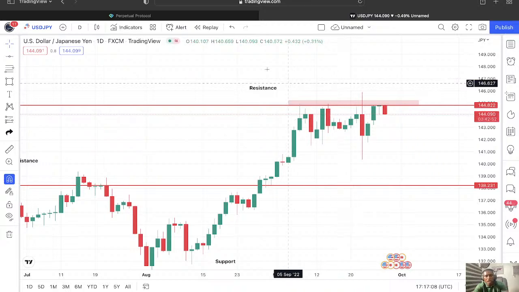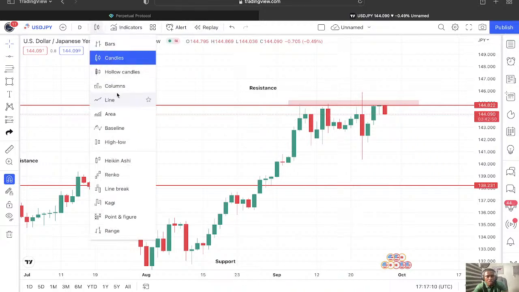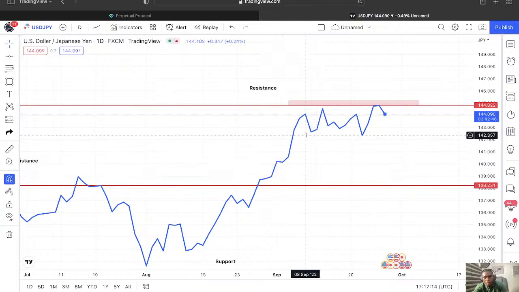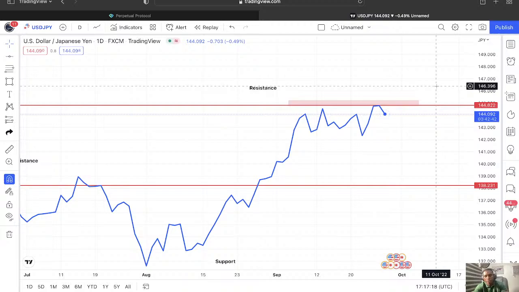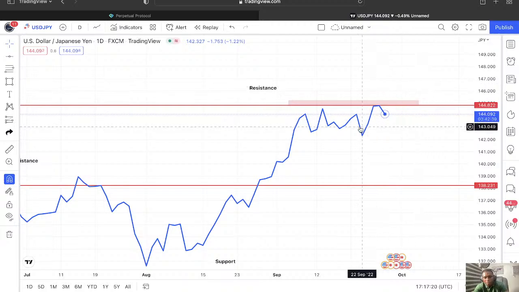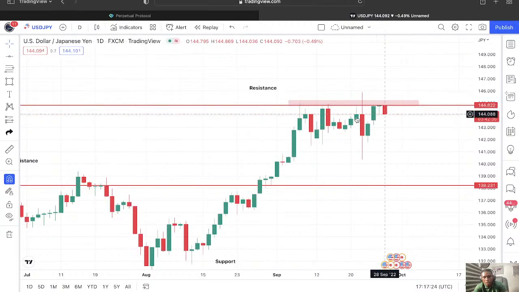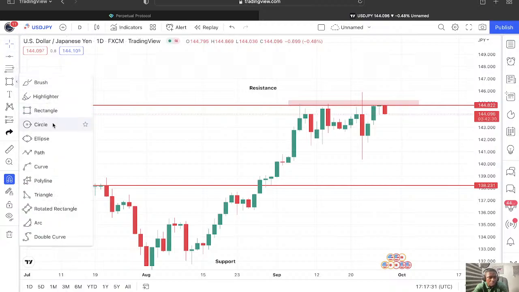Let's look at it in the line chart. Now you discover that price is tilting towards the upside. Price is tilting towards the upside because definitely you can see something like this.